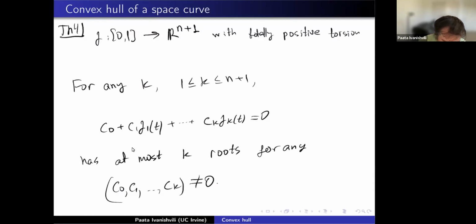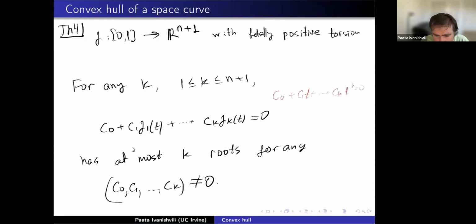You can ask how many different roots this equation has. And the claim is that if the curve has totally positive torsion, then this equation has at most k roots for any non-zero vector and for any k. A good example to keep in mind is the moment curve, which would correspond to a polynomial, ck t to the k.